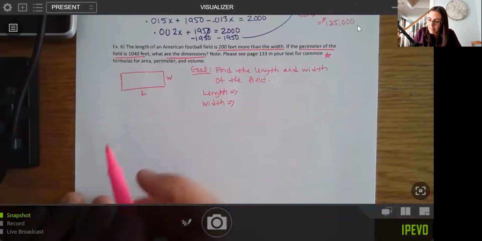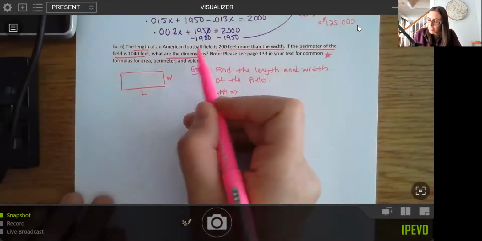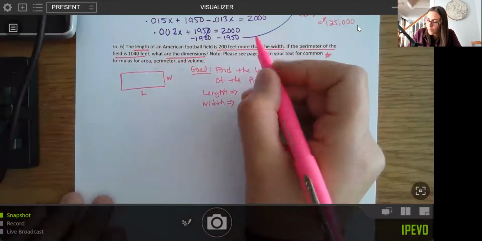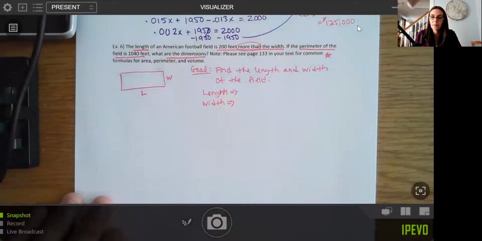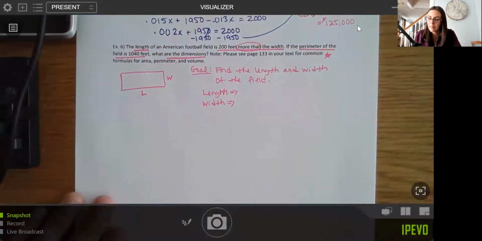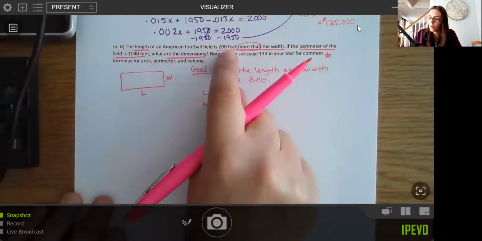And I see that the length of the football field is 200 feet more than the width. So I'm noticing that my length is being compared to the width. So it's being talked about in terms of the width. So the width here is really what's more important. So if I rewrite this, how do you write 200 feet more than the width?